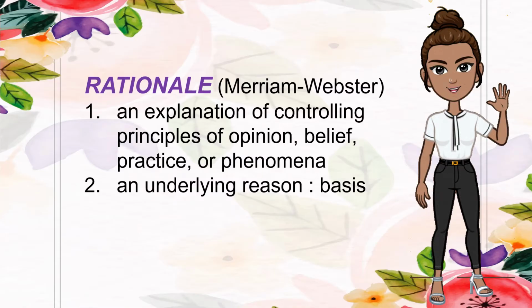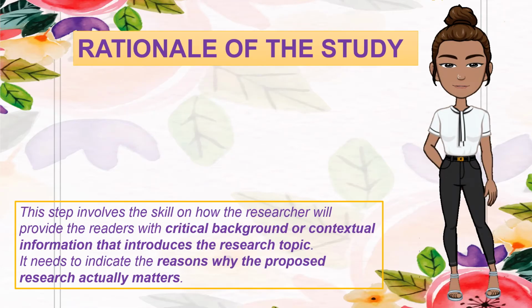Such justification is provided by the researcher to highlight the significant points of the problem to be addressed in the study. Now that you already have a glimpse of what rationale is, let us dig deeper on how it is used in research. As a student researcher, you have to determine the sense of all the things you plan to do in your proposed study. Consider the following questions.